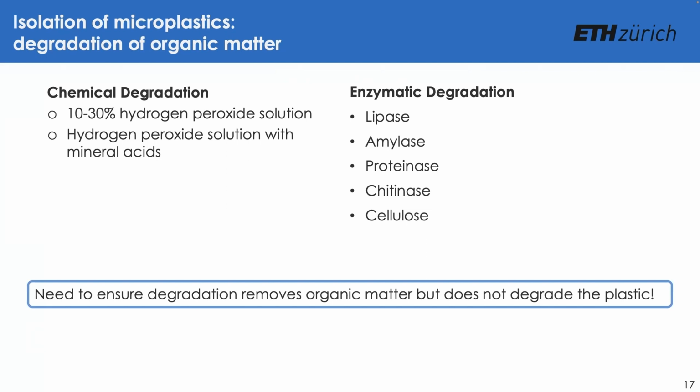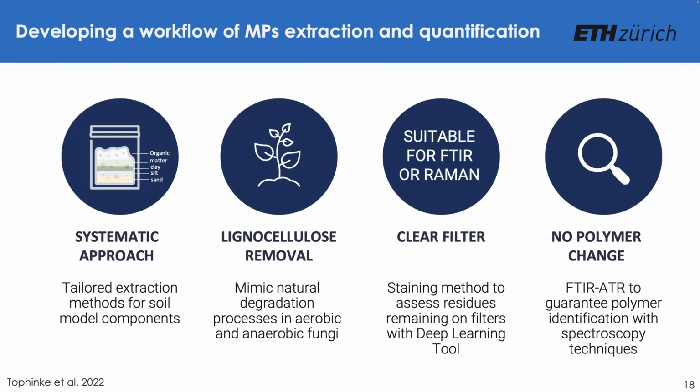So we tried to also work through an entire sampling and extraction approach in our lab as well, where we took a systematic approach to have a soil sample that we made a composite in the lab of different types of materials, organic matter, clay, silt, sand, that we mixed together with microplastics, as well as some other lignocellulose, and then tried to remove the different components from the system to get the microplastics alone.